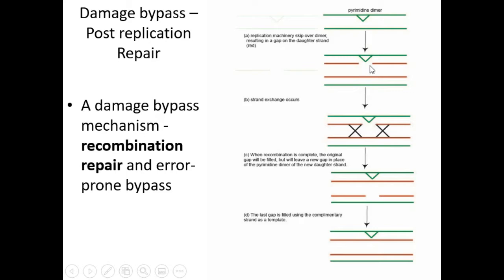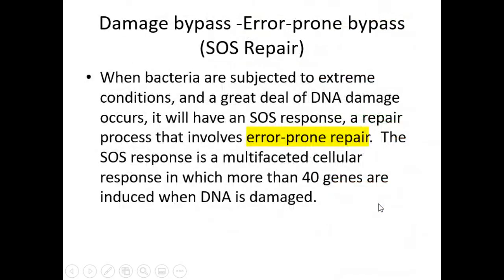In order to fill the gap, they perform recombination with the sister chromatid. Then they move this DNA up here so that now you have a complete strand. This gap can then be filled in by the DNA polymerase again, because you have the template. Okay, that's called recombination repair.